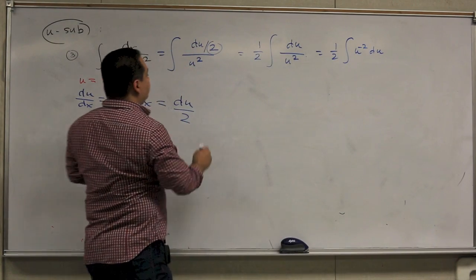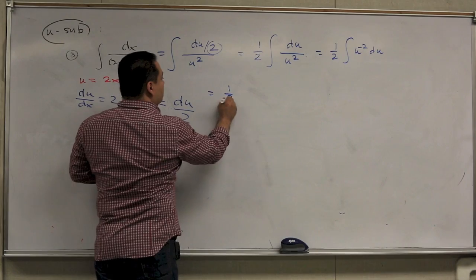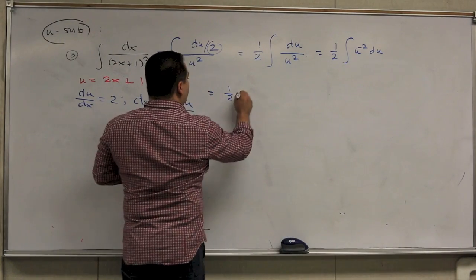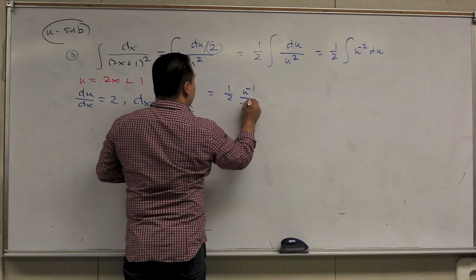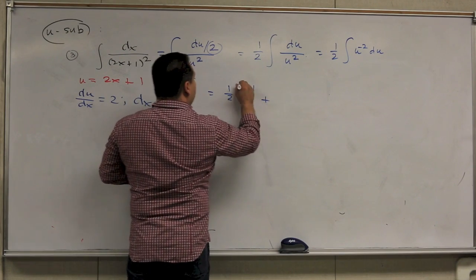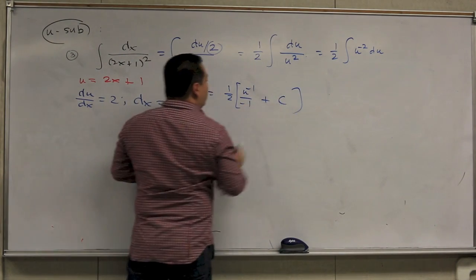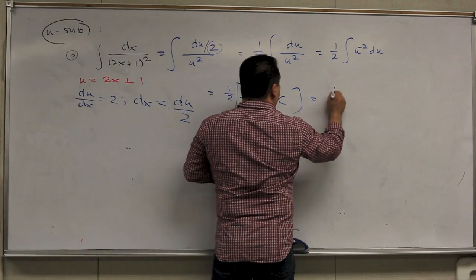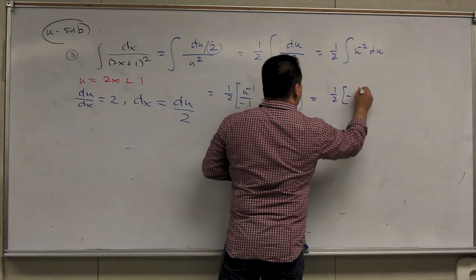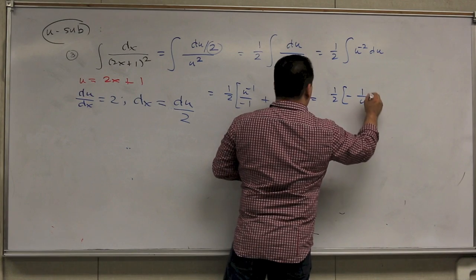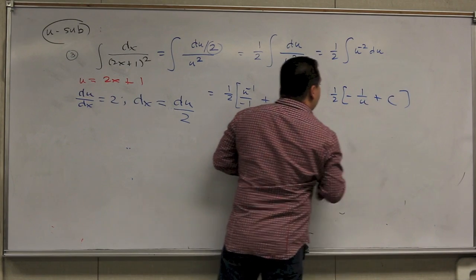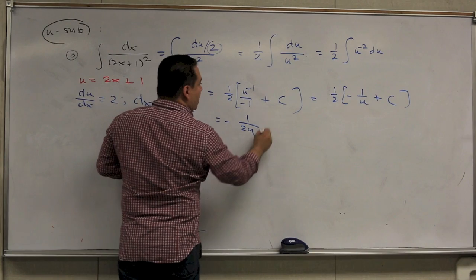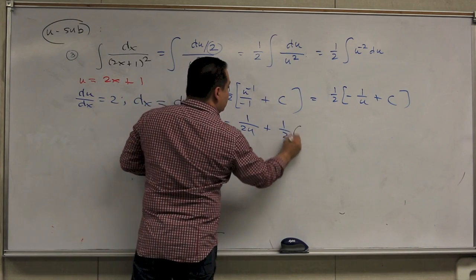What do you get now? What's the antiderivative? What's the power rule say here? U to the minus 1 over minus 1, plus, really it's plus that c. What does this mean? It's 1/2 times negative 1 over u plus that c. And I get negative 1 over 2u plus that 1/2 c.